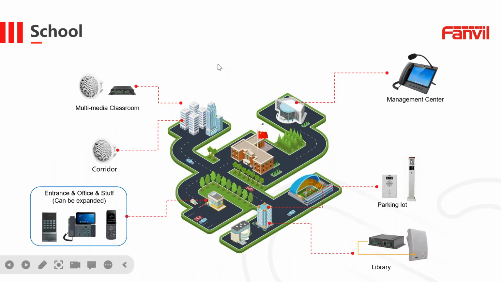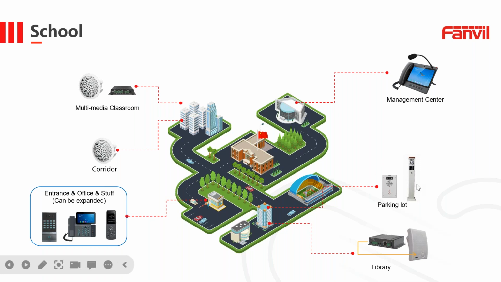And school is also an important market of public address systems. So first, they can also use an IP console phone to replace the server or virtual machine. And in the classroom, corridor, library or other public areas, they can install our IP speaker or paging gateway to connect with analog speakers or amplifiers.